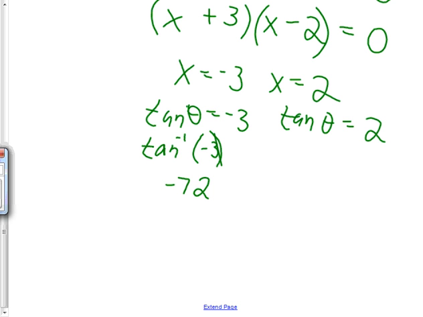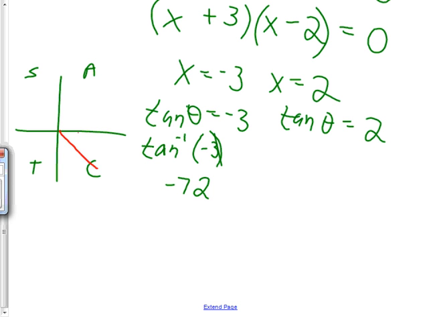Okay, if that's -72 degrees, why isn't that okay? Because our direction said we wanted answers for theta between 0 and 360, and that's not between 0 and 360. So we have to look at where that really is. All students take calc, and -72 is down here.